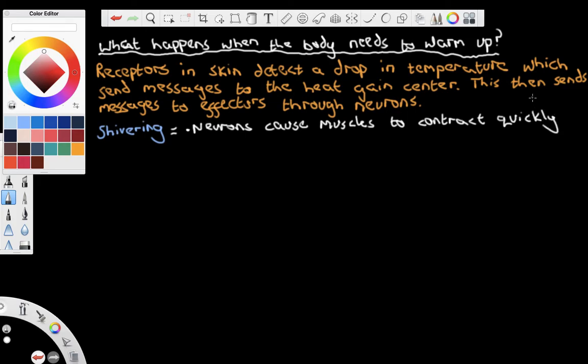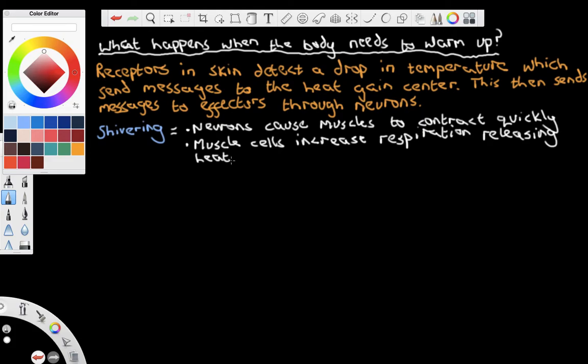When the muscles contract quickly, they do lots of respiration and release heat as a byproduct. So muscles or muscle cells increase respiration, releasing heat. Okay.